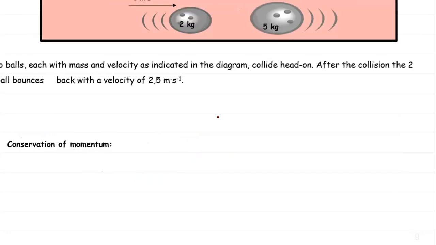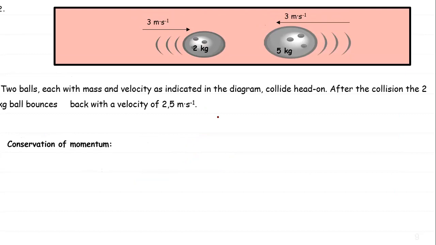Now, let us look at this particular question. Here we have 2 balls, each with mass and velocity as indicated in the diagram, collide head-on. After the collision, the 2 kilogram ball bounces back with a velocity of 2.5 meters per second.